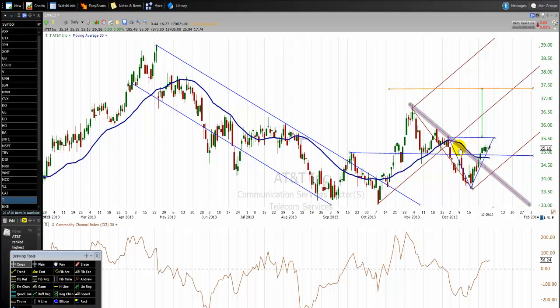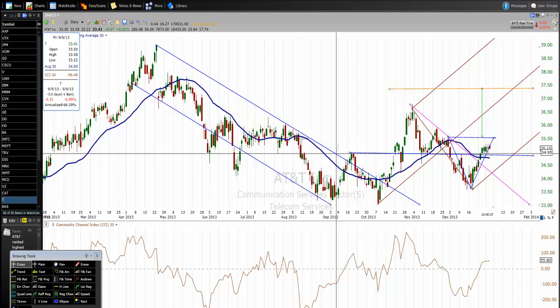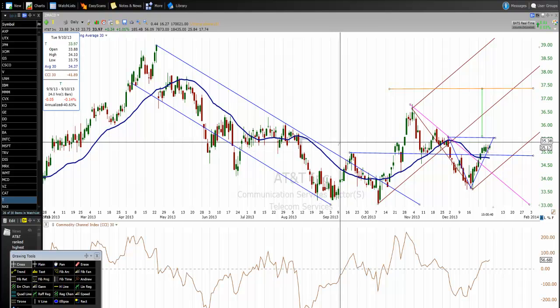You see here the central line, the price is now above it. The level we need to watch for this AT&T for day trading purposes is this line here, in the zone of 34, call it $35. So priority to the bullish signal above the level of 35.